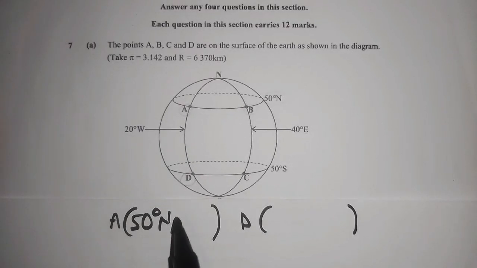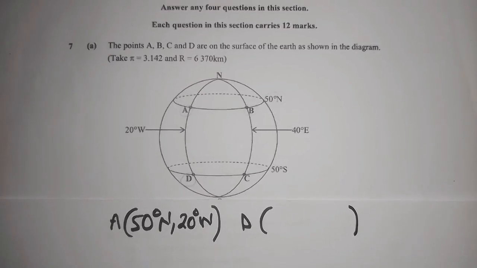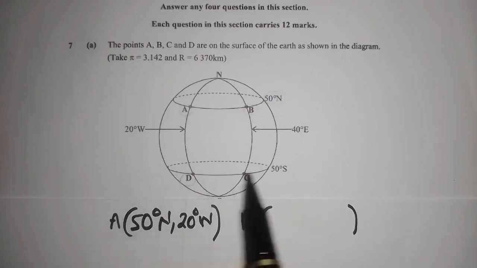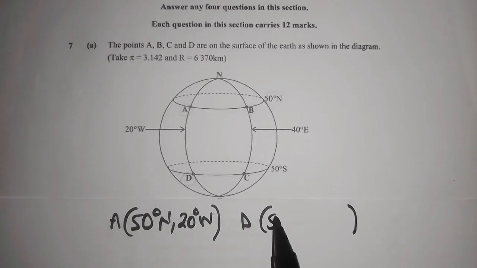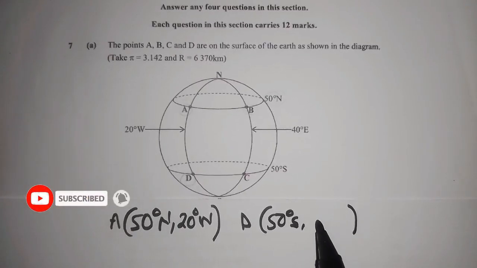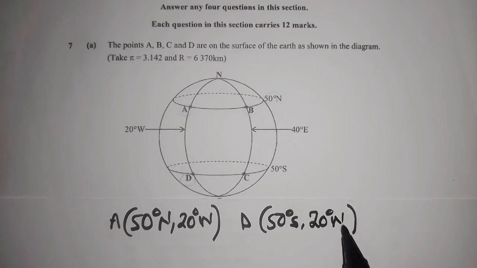That is 20, so it's 20 degrees west. Then for D, it is down here. The latitude is 50 south, and it has the same longitude, which is also 20 degrees west.